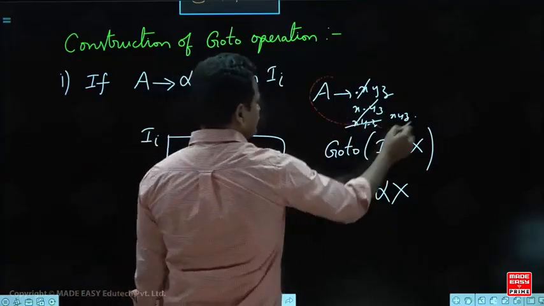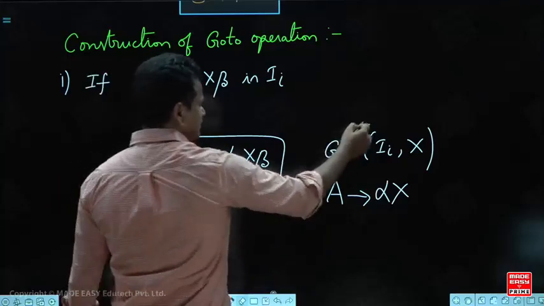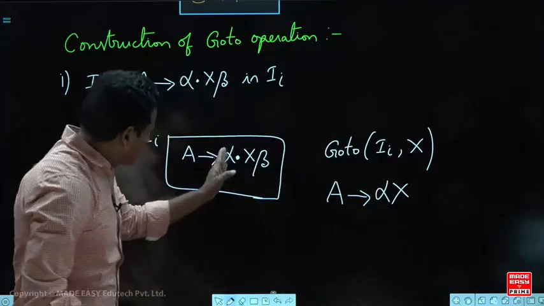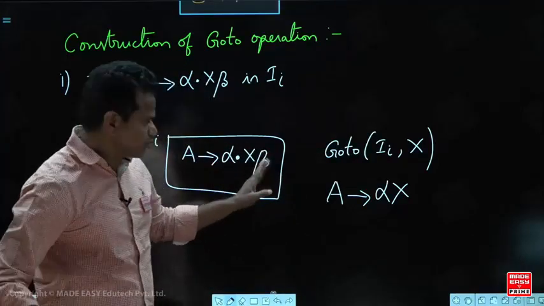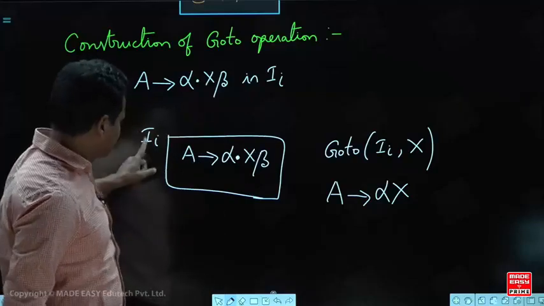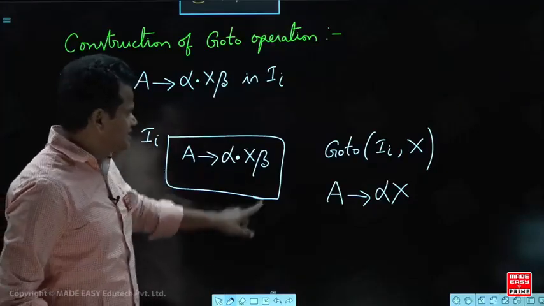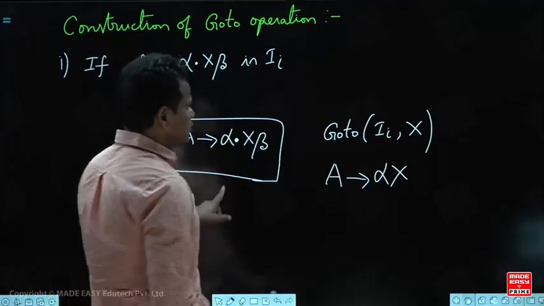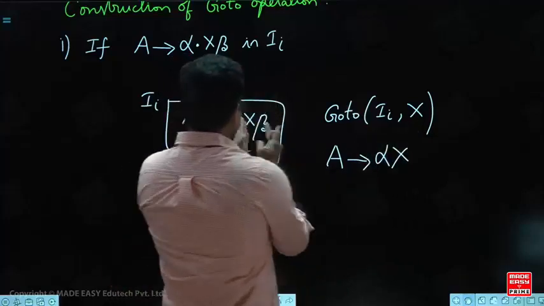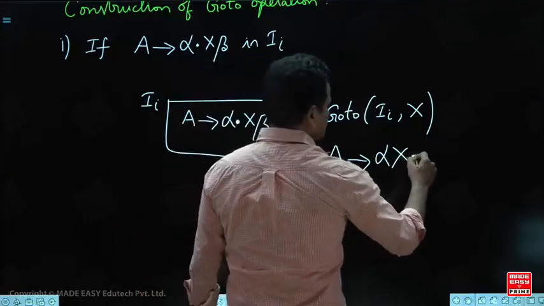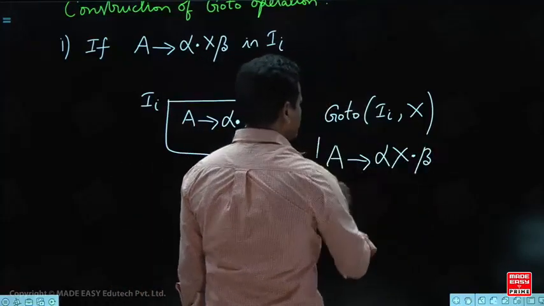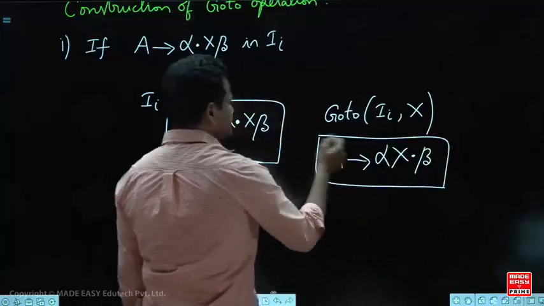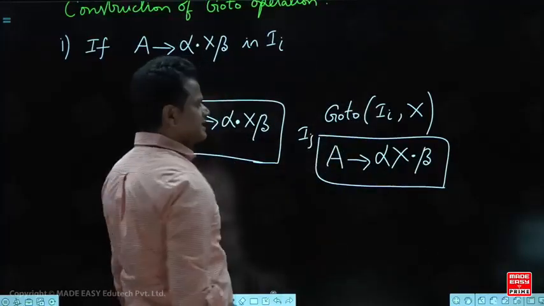You remember, at the time of the augmented grammar, I told you like that. So the dot will be moved. Goto of I comma X means just move the dot one position forward. That's it. And it is a different state, just name it Ij.